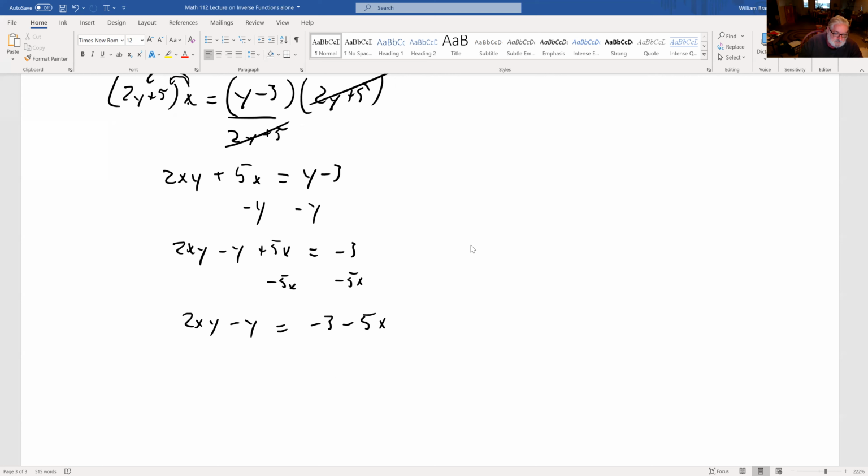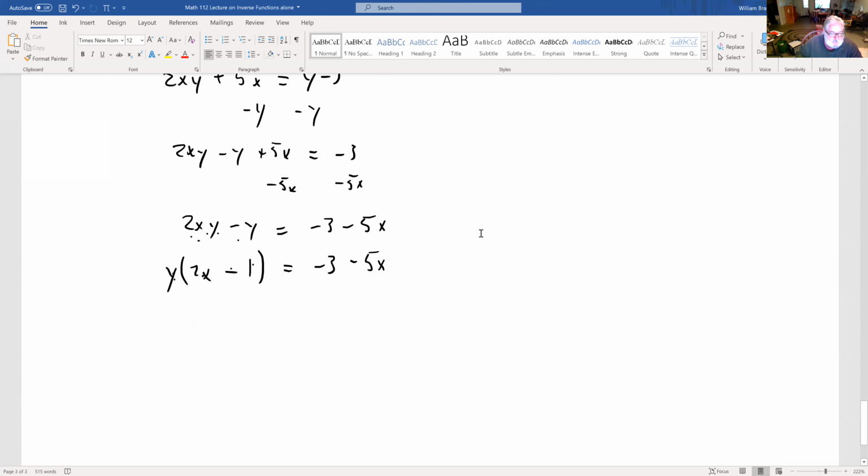And now I can solve this for y. I'm going to factor out the y. So if I factor out the y from both of these two terms, I'll be left with a 2x. And then if I factor out a y out of here, I'm left with a 1. And you can sort of check that. Y times 2x is 2xy. Y times minus 1 is minus y.